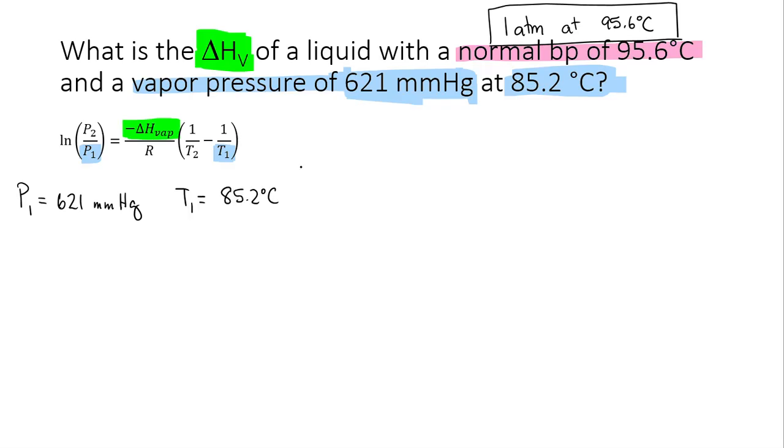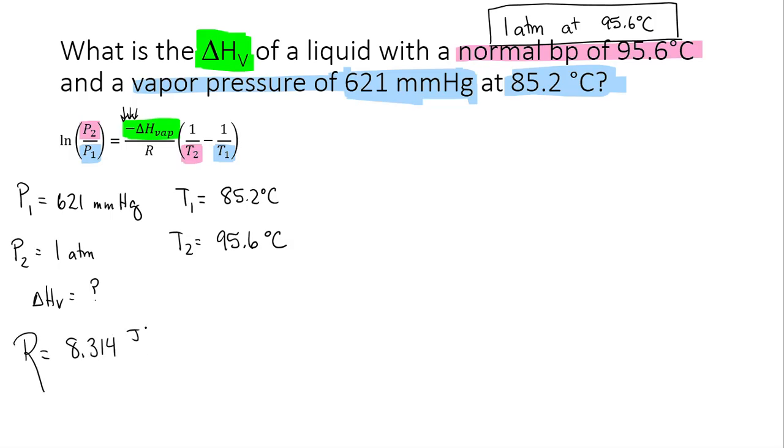We're going to come back to that again in a second. And then the other variables, we have the P2, that's 1 atmosphere at 95.6. So P2 is 1 atmosphere at T2, 95.6 degrees Celsius. Delta H of vaporization is what we're going to solve for. Don't lose the negative sign. That negative sign is crucial. And we know that R is 8.314 joules per mole Kelvin.